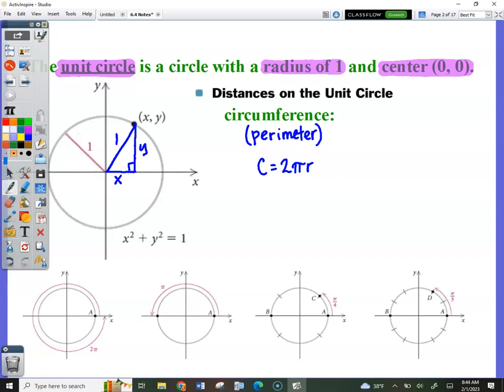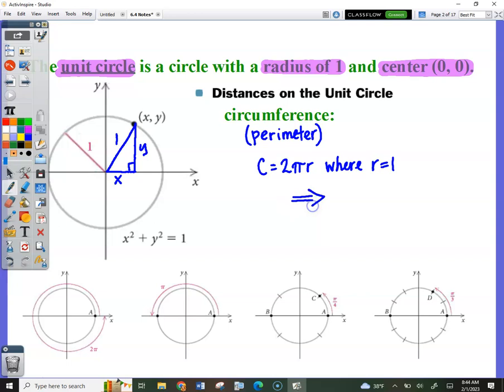Our radius is 1. Remember the name unit is telling you 1 all the way around. So if we have r equals 1, then what is our modified circumference?